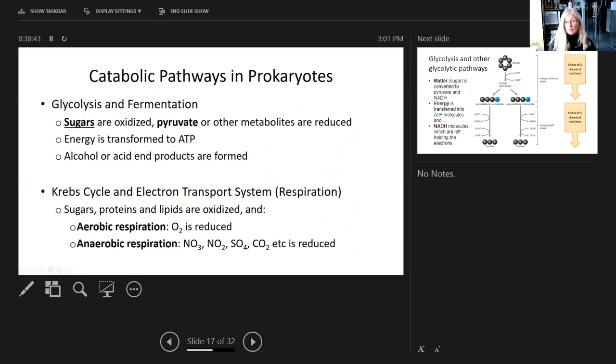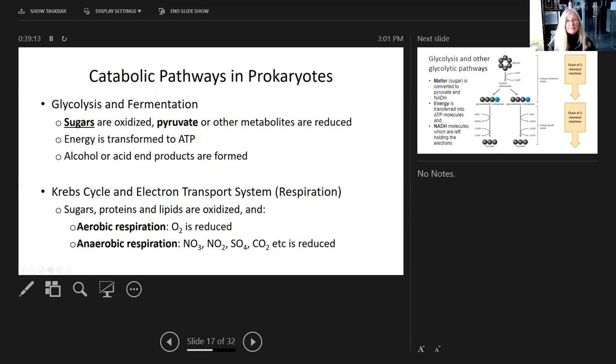Catabolic pathways, okay, so these are the ones that take biomolecules, break them down, release energy, release metabolites. The pathways that are available to bacteria, prokaryotes, to do this, they have a variety of ways to do this. One way is if it is a sugar to be broken down, so carbohydrate catabolism or sugar catabolism, the pathways are glycolysis and fermentation.